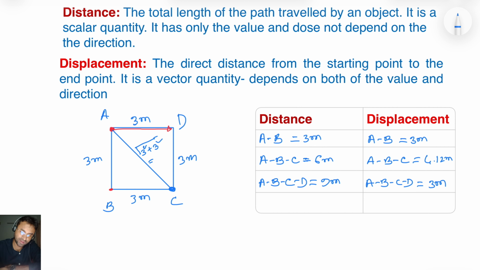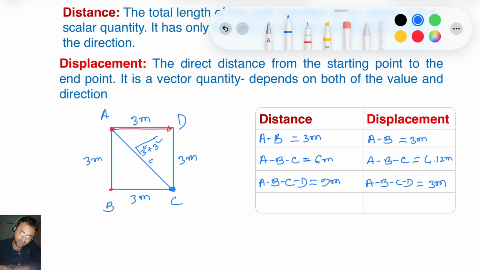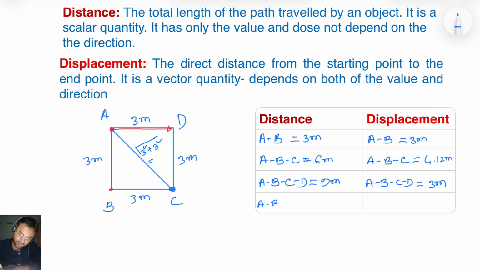Again, if it traveled from D to A, then the total path length it traveled will be A to B, B to C, C to D, and D to A: 3 meters plus 3 meters plus 3 meters plus 3 meters equal to 12 meters.